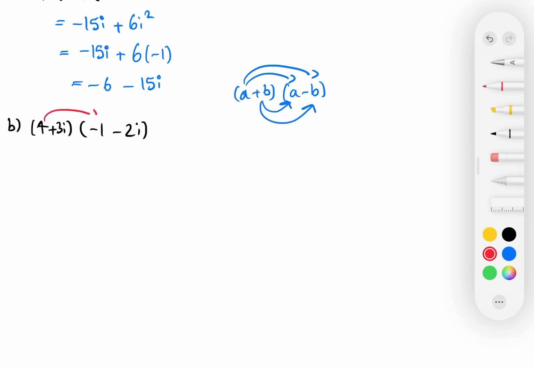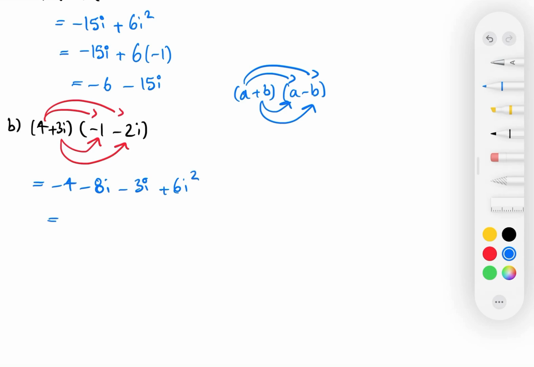So you're going to multiply 4 by -1 and then -2i. And then the second term, which is 3i, is basically going to go through the same process, multiplied by -1 and -2i. So that's going to give you -4 minus 8i minus 3i times -1, and then 3i times -2i, which is plus 6i squared.